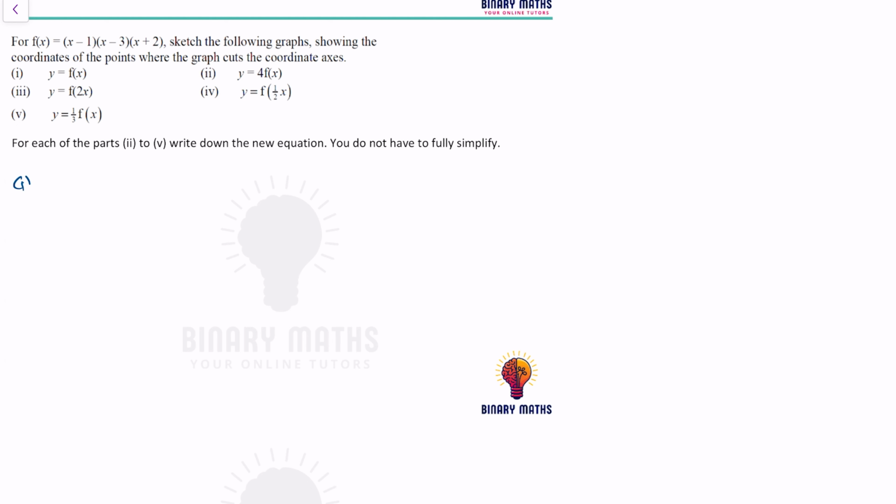Okay, so 1 is just f of x, which is equal to x minus 1 times x minus 3 times x plus 2. If we're drawing this out, x and y, it's a positive cubic graph going through negative 2, positive 1, and positive 3.